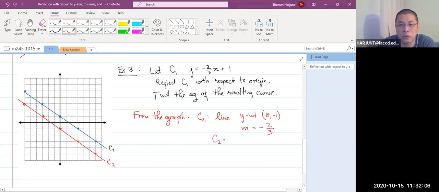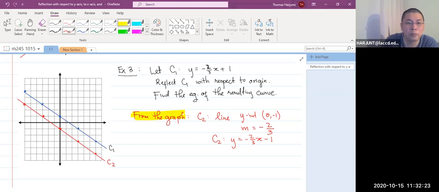So C2 is given by y equals negative 2 over 3x minus 1. Now, notice that the way we get that is from the graph.